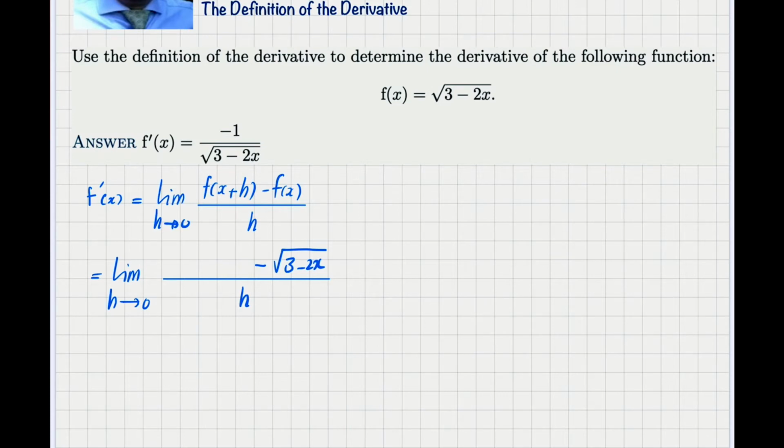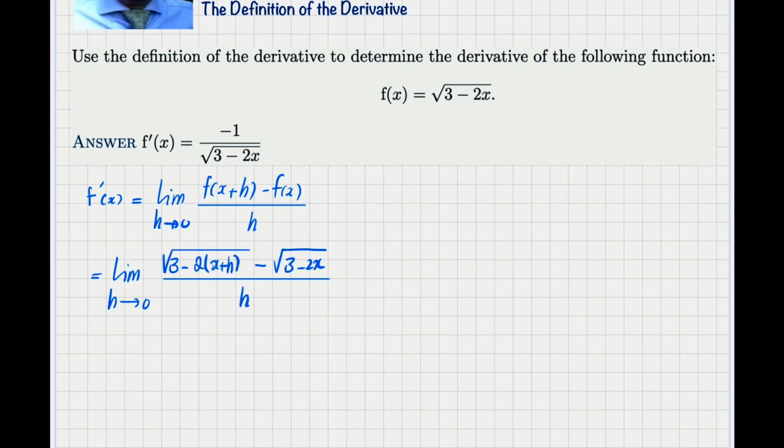It means that I need to go to my function and replace every x that I see there with brackets x plus h. This is the only place that I see x, so I just take it away and write x plus h in brackets instead. So then it becomes the square root of 3 minus 2 times x plus h.